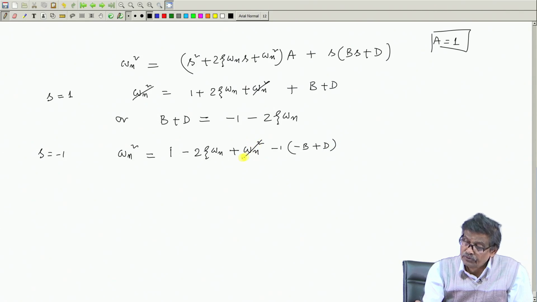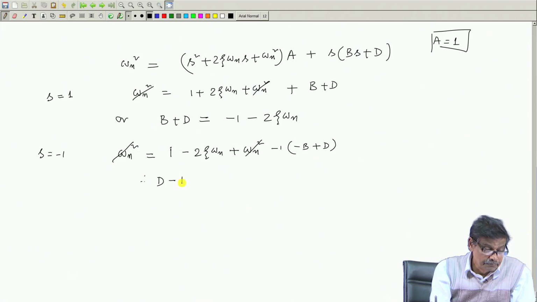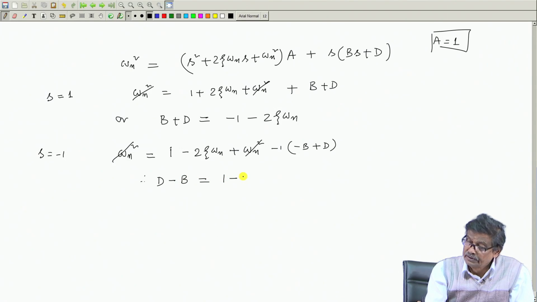So, once again this goes, and arranging the terms you will get, therefore, D minus B will be equal to 1 minus 2 zeta omega n.